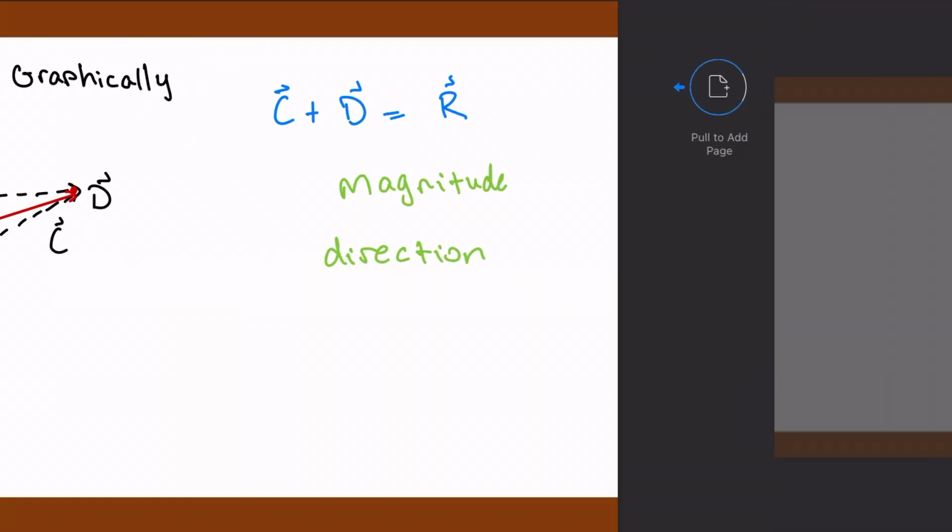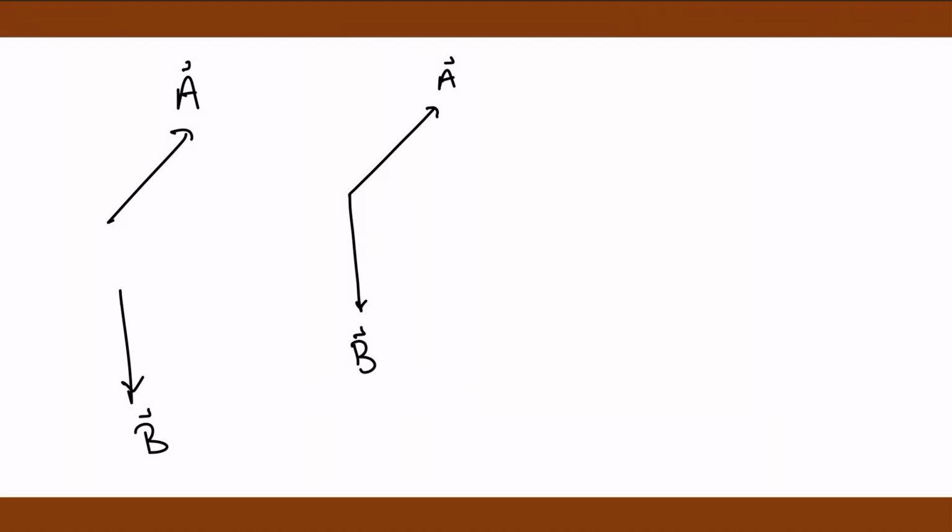And so the process, let's say I have some vector A and some vector B straight down. The process is we want to redraw them so that they are together, as in place the tails together. So we'll do that, redraw it, as if you had a piece of paper. Then think about where the parallelogram might be.